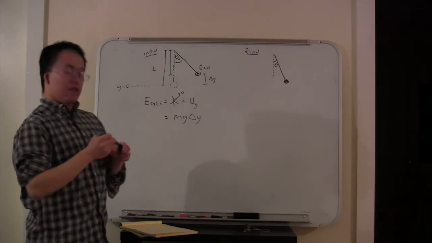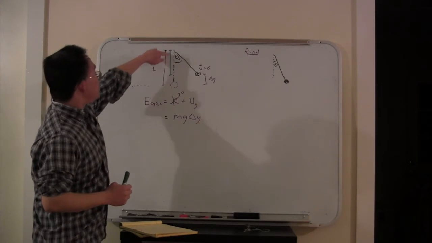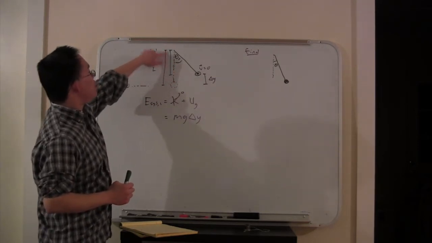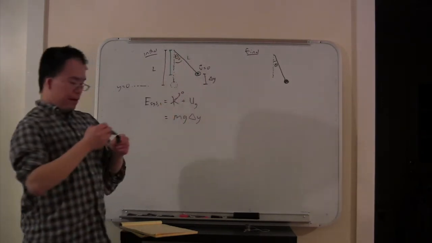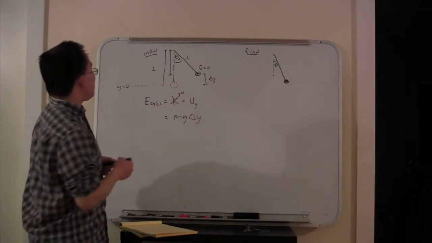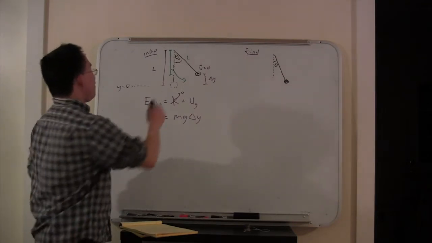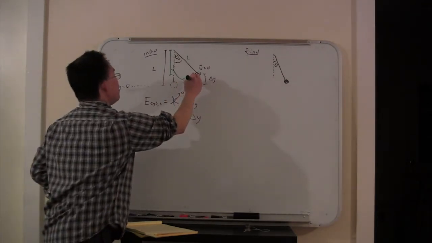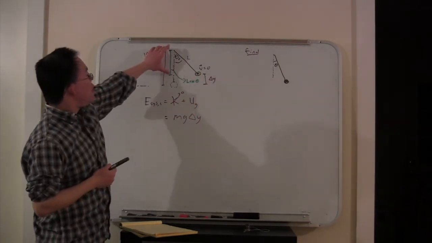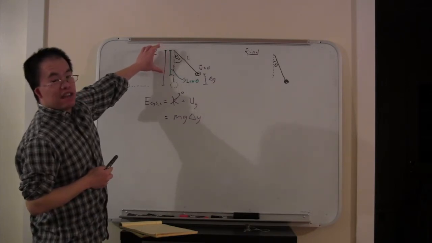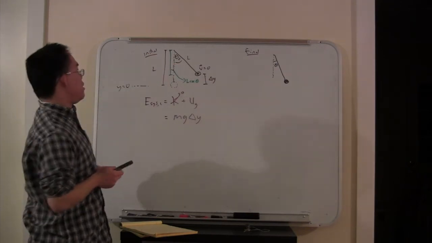This green piece over here, we can find out using some trigonometry. Notice that we've got a right triangle here. That's my hypotenuse, which also has a length of L. I think you can convince yourself that this green piece has a length of L cosine theta. It's cosine because cosine is adjacent over hypotenuse, and this green leg is adjacent to my angle theta naught here.